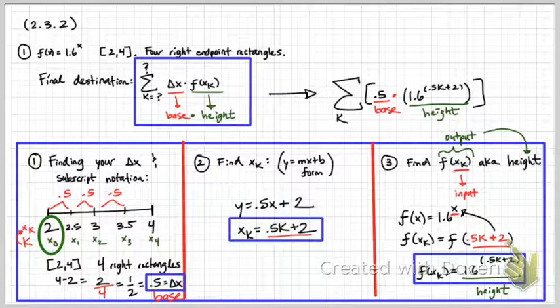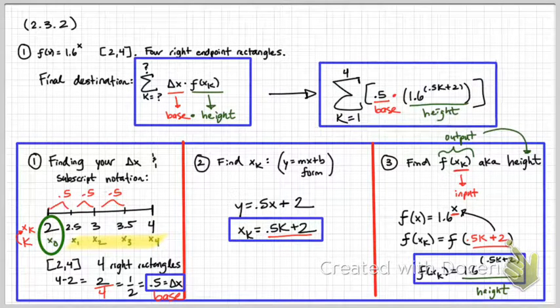Well, I'm dealing with right endpoint, and I have 4 of them. Let's look at our number line. Right endpoint, we don't deal with x of 0, because that would be left. We use 1 through 4. So my lower limit would be 1, and my upper limit would be 4. And this would be my entire summation.